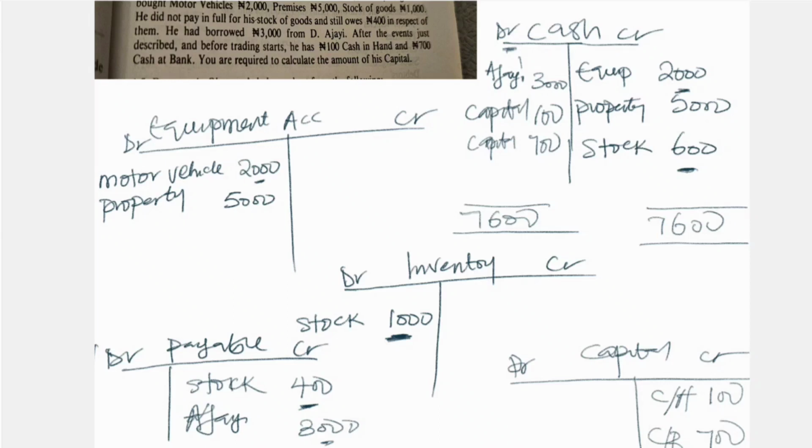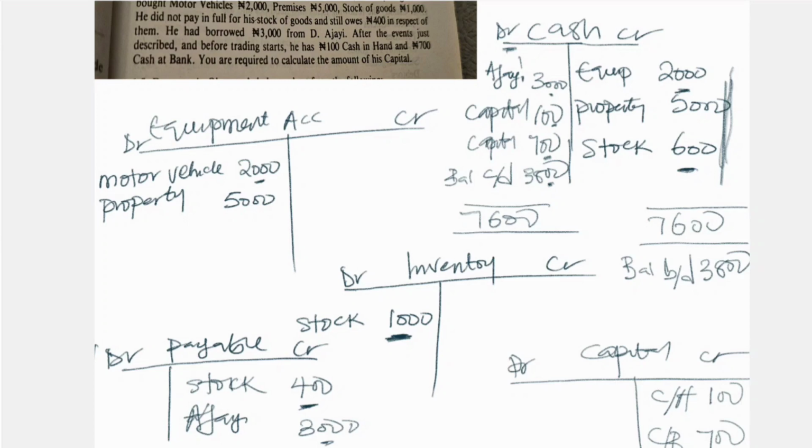So remember that this here equals 7,600 naira. But when you calculate 3,000 plus 100 and then 700 will give you 3,800, right? Okay, so we're going to do balance CD, carried down, 3,800 naira. Okay, so this 3,800 naira plus this 3,800 naira will equal 7,600 naira.